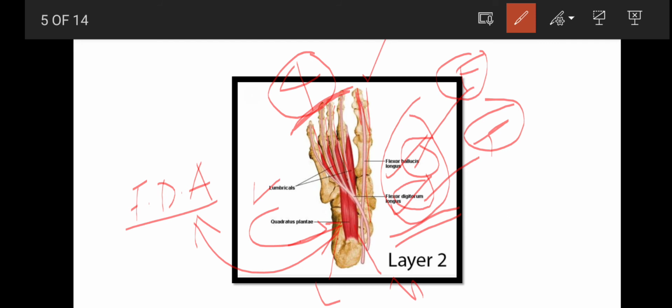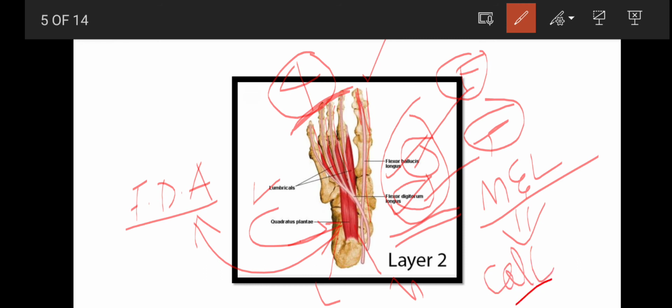The lateral head arises from the lateral tubercle of the calcaneum. Both heads arise from the 2 tubercles of the calcaneus, and this inserts towards the lateral side of the tendon of flexor digitorum longus.